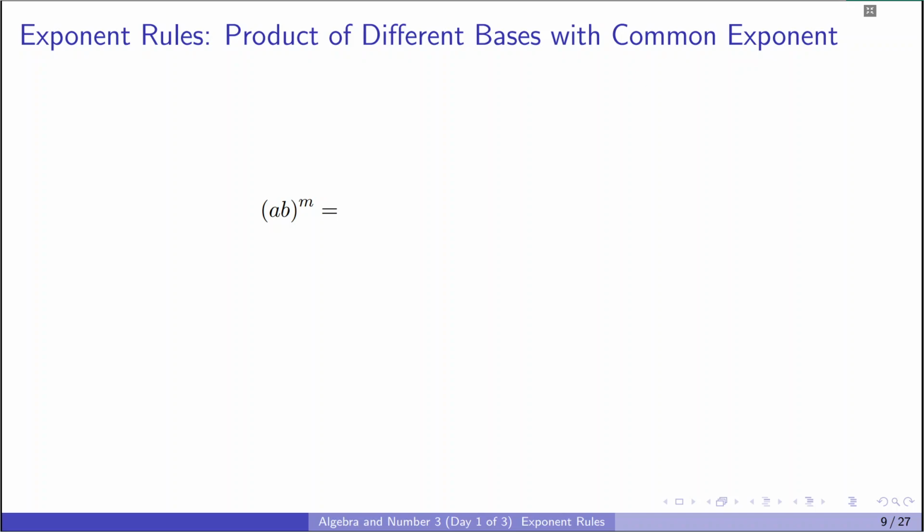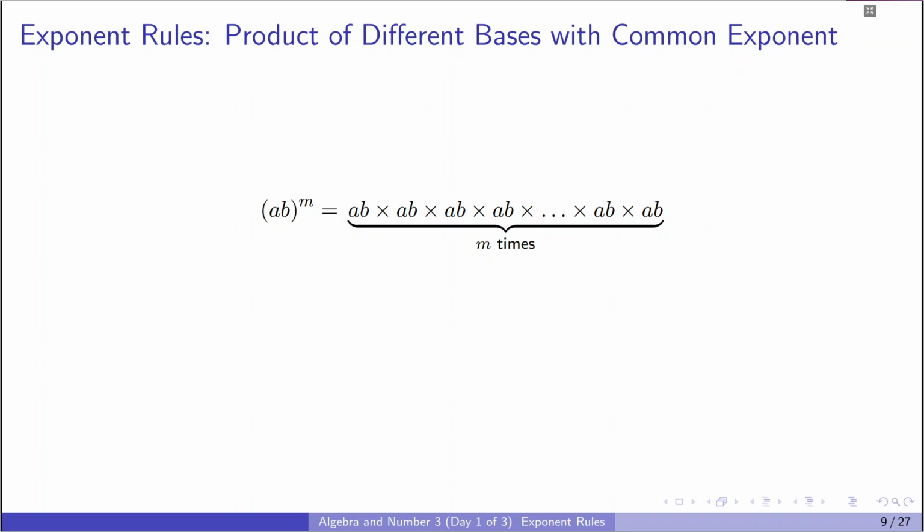Now, products of different bases that have the same exponent. So this here is ab exponent m. So it's like 6 to the 5 could be treated as 2 times 3 to the 5. Well, we could also treat this as ab multiplied by itself m times. That's what the exponent means.